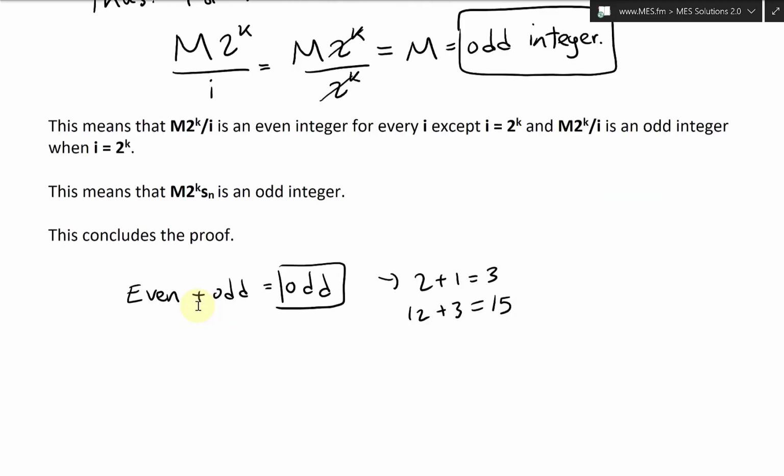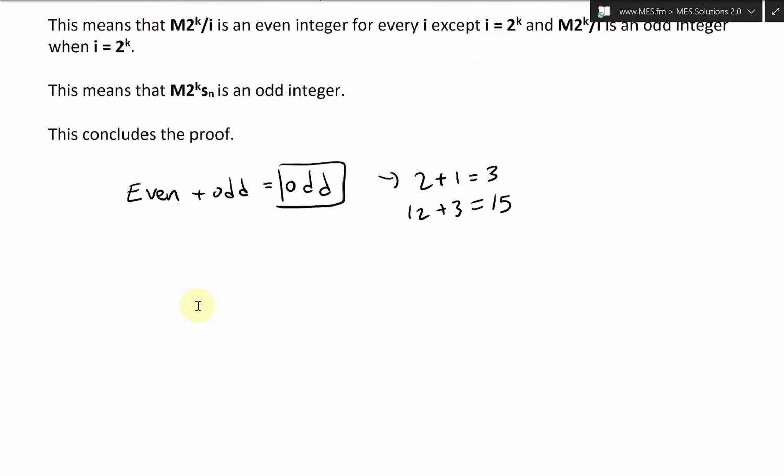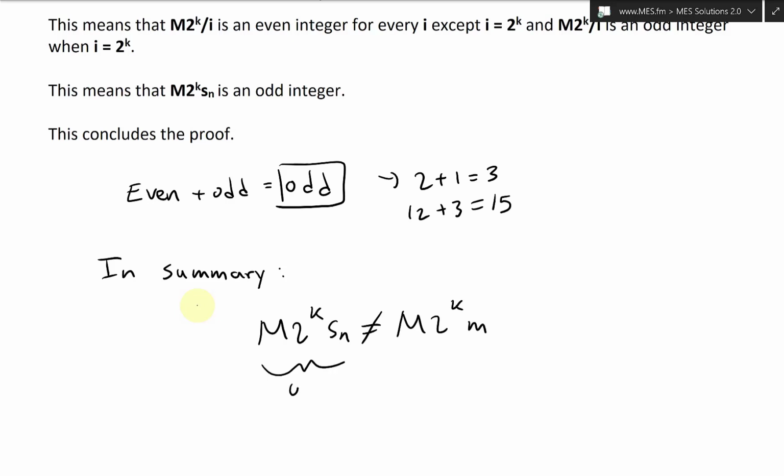Putting this all together, in summary, because we already had our proof, we have that m 2^k Sn is not equal to m 2^k, because this is odd while this is even.